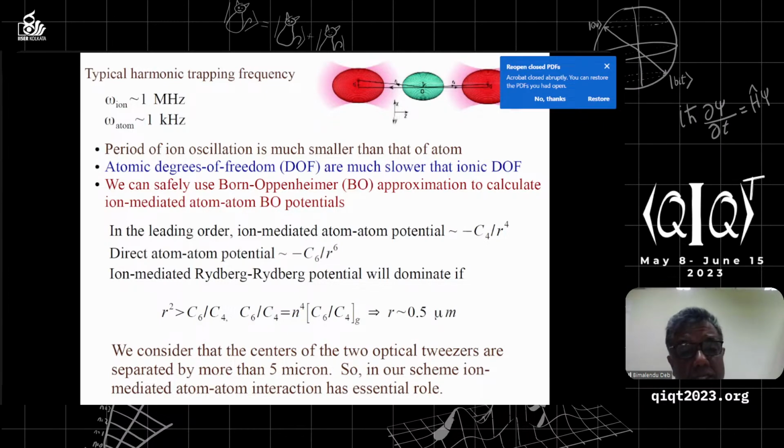In the leading order, the ion-mediated interaction potential goes as 1 by R⁴, as we have already discussed. The direct atom-atom potential is C6 by R⁶. If the atoms are in the ground state, then it is negligible. If both atoms are in Rydberg states, it is finite, and at a particular critical separation these two interaction forces will be of the same order.